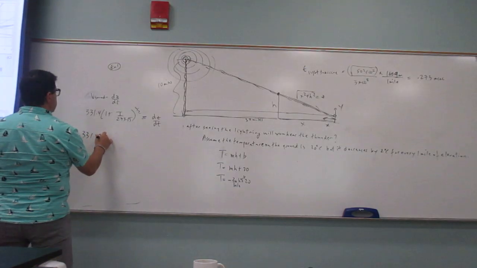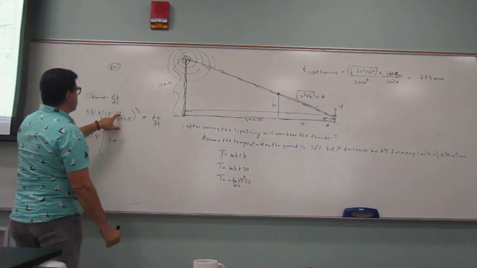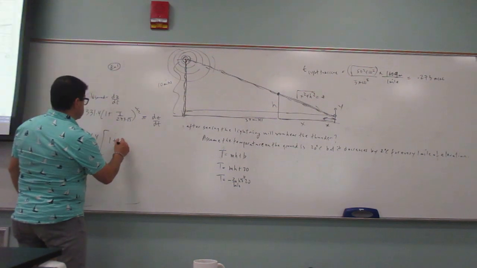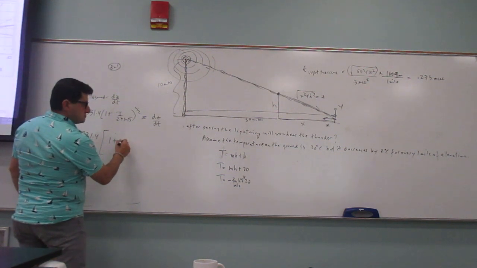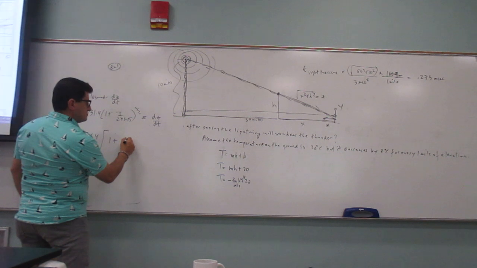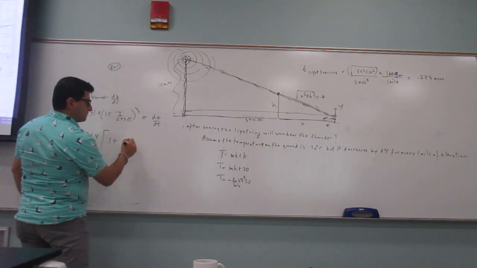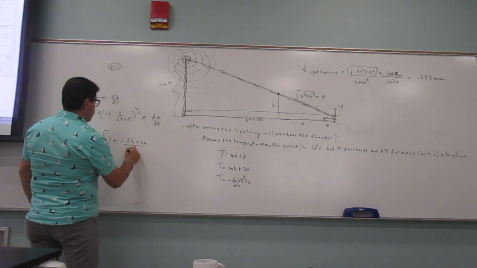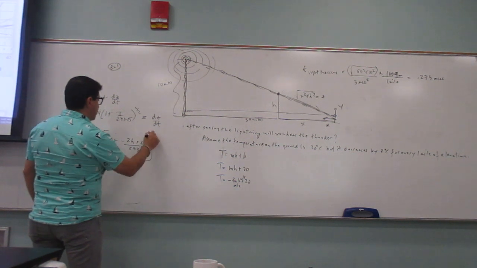Now, for the t, I can substitute this in there: negative 2h plus 20 over 273.15, square root.